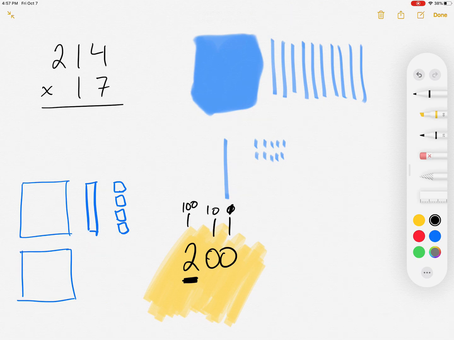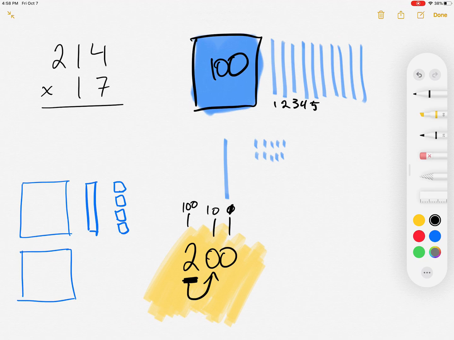If I have one group of 100, and I break that up into the next place value to the right, a smaller place value, I'm taking this one block of 100 and turning it into 10 of the place value below.